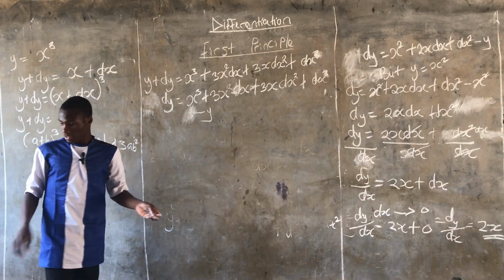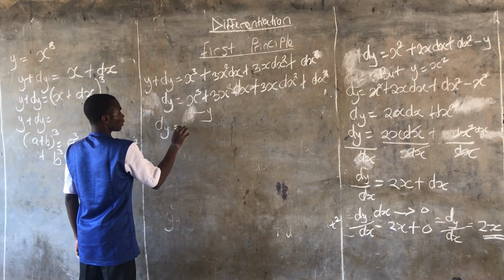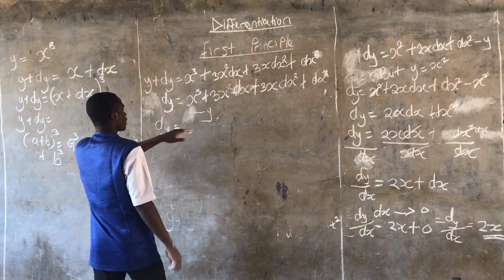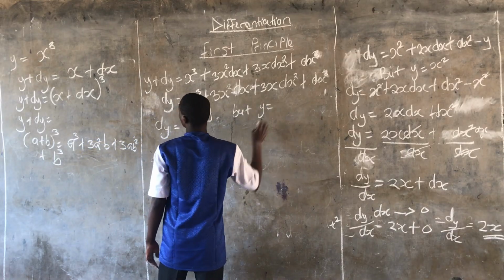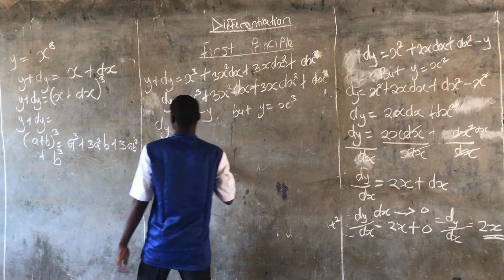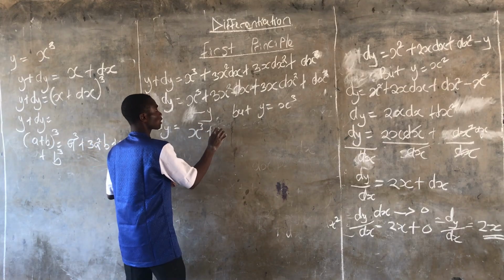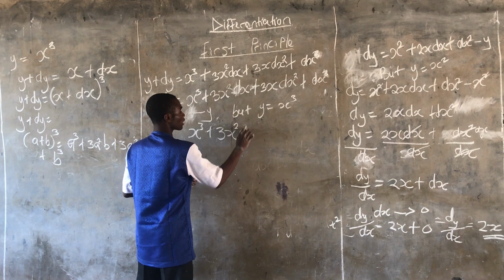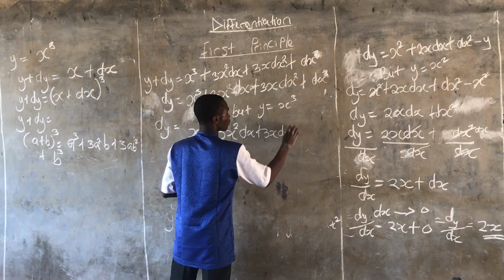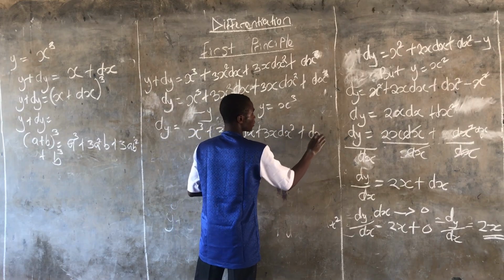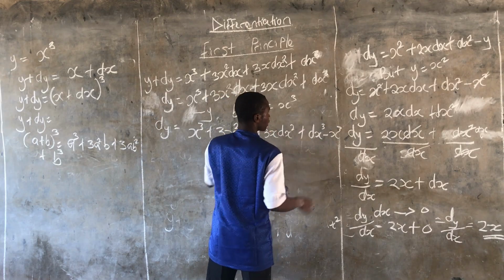So now we can say our dy is equal to, since y is x raised to power 3, our dy will be x raised to power 3 plus 3x raised to power 2 dx plus 3x dx raised to power 2 plus dx raised to power 3 minus x raised to power 3.